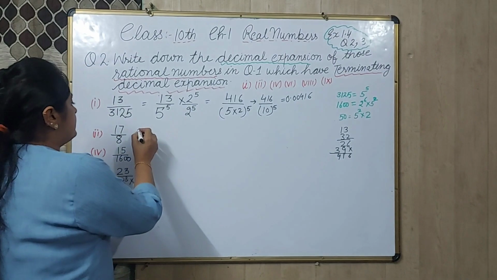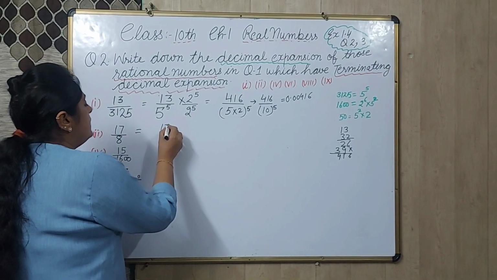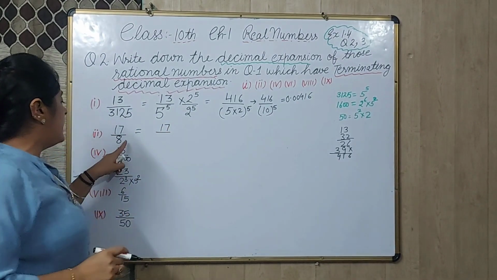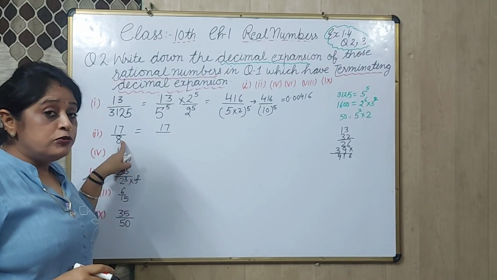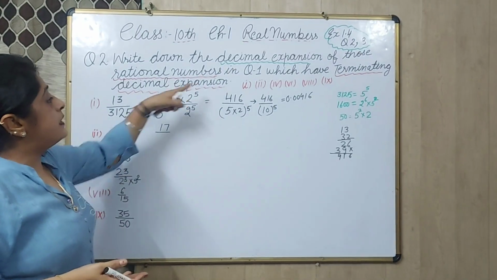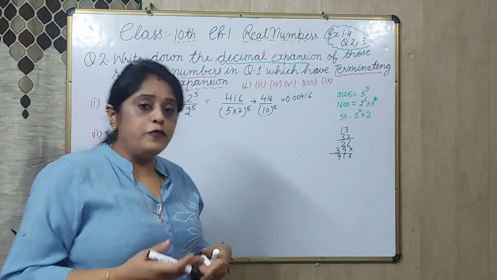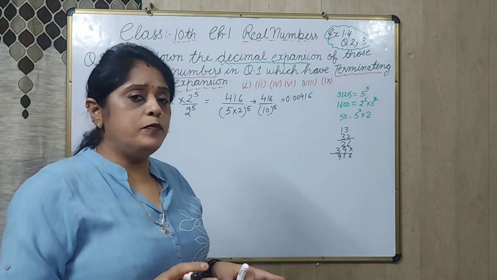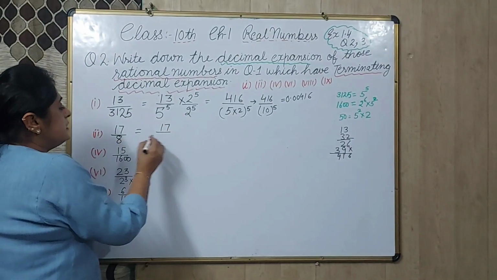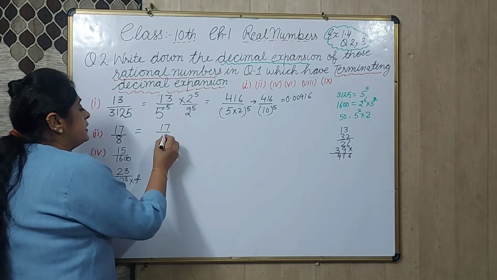Then directly we convert into decimal. Now the second part, 17 by 8. When it is a terminating decimal, the q should be either a power of 2, a power of 5, or both powers. Now 8 is equal to 2 power 3.